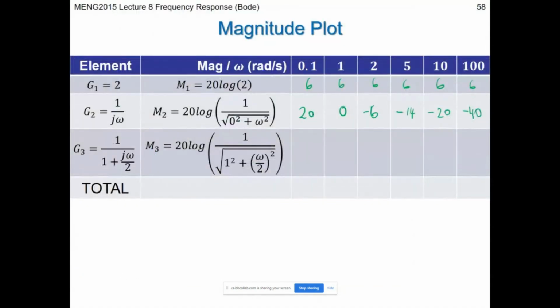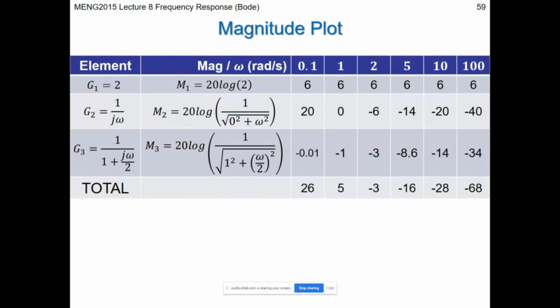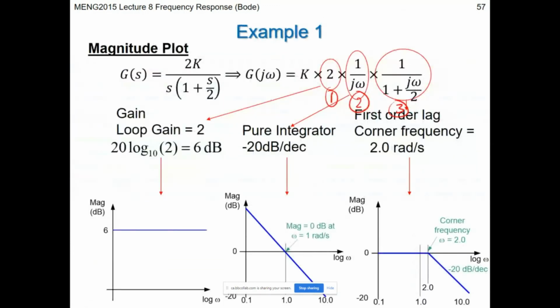So this term is 1 upon s upon 2, so tau is a half. This is 1 plus s tau, where tau equals a half. So that means 1 upon tau equals 2. Right, so our corner frequency, as we said, is going to be at 2.